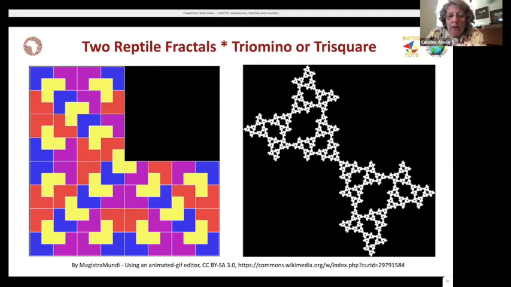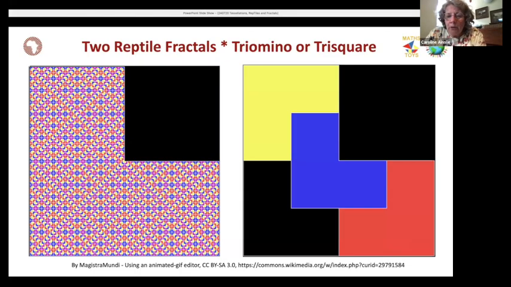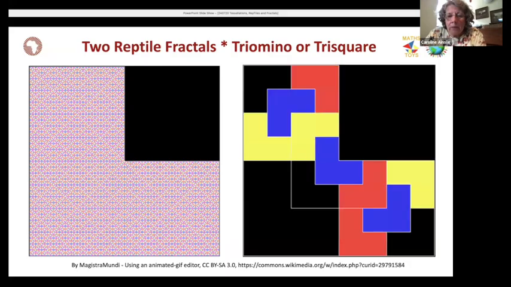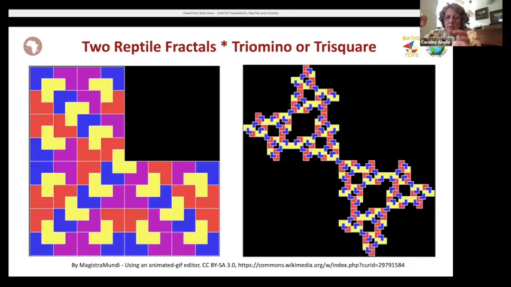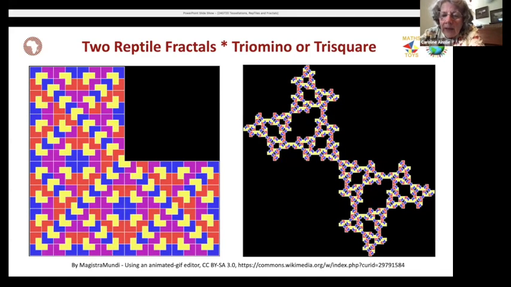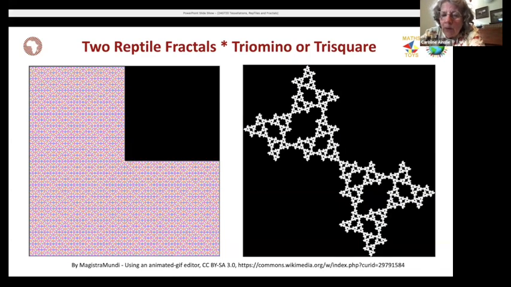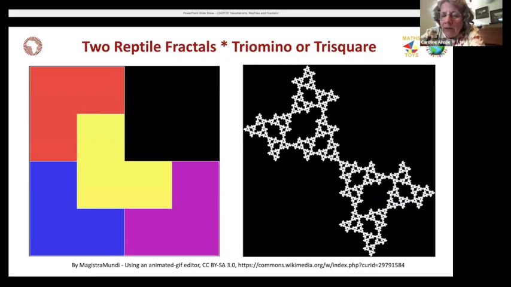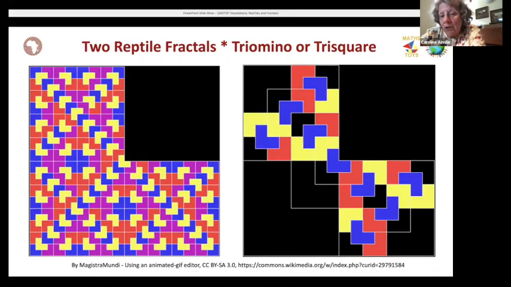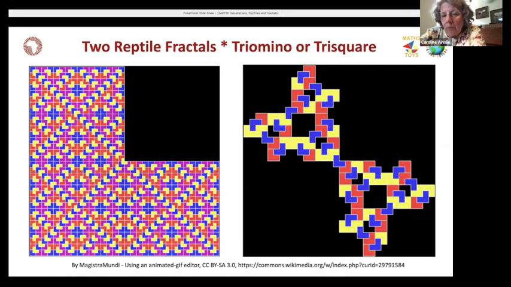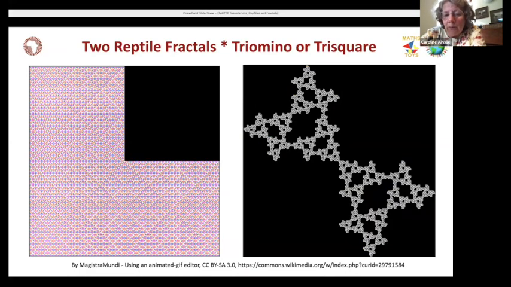Now, this other one is also a triomino. If we wait for it to repeat, now that's how it starts. So you've got the blanks on the top right and bottom, and as the fractals get smaller and smaller, you can see how the pattern evolves, and it looks completely different, but it's made from a repetition of the same shape again and again, and those are just both made from triominos.